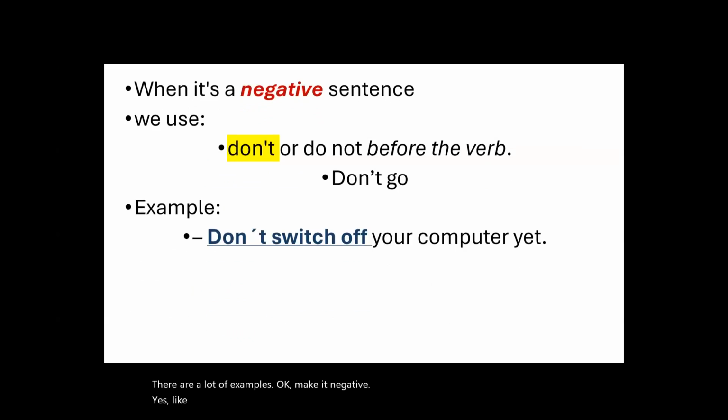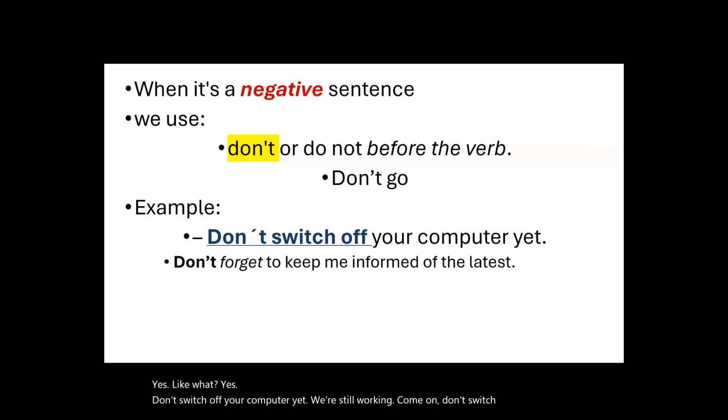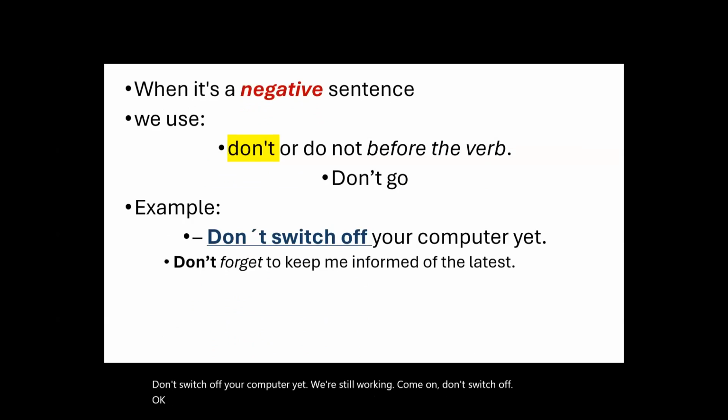Yes. Don't switch off your computer yet. We're still working. Come on. Don't switch it off. Don't forget to keep me informed of the latest. Keep me informed. Do not forget. So the negative don't is followed by the infinitive form of the verb forget.